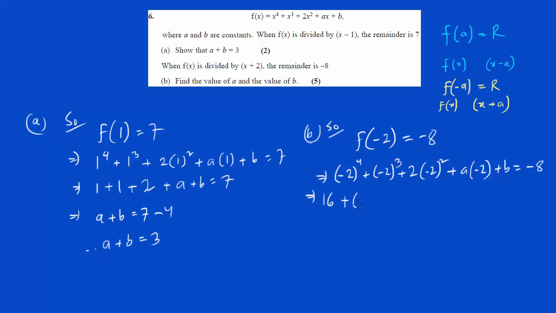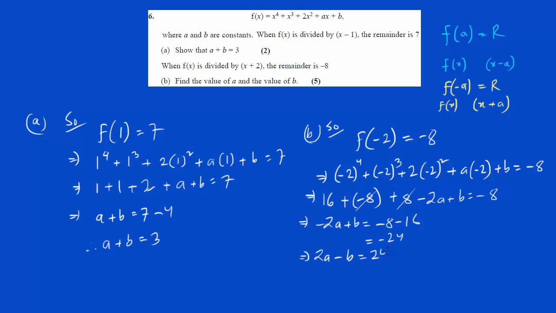Since the power is odd, it is going to be minus 8, plus minus 2 squared is 4, 4 twos are 8, minus 2a plus b equals minus 8. So 16 minus 8 is 8, plus 8 is 16. So minus 2a plus b equals minus 8 minus 16, which is minus 24. Let's multiply both sides by minus 1. It becomes 2a minus b equals 24.